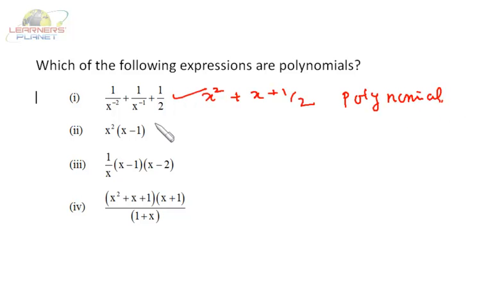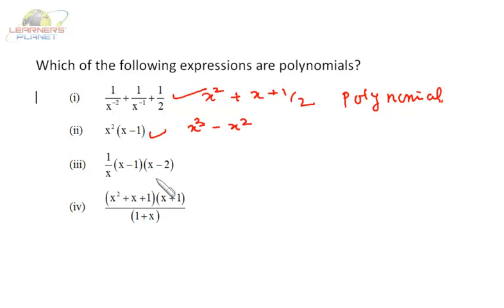Now in this case, it is x square into x minus 1. Suppose we expand it, it is x cube minus x square. Further, the variables have positive powers, or we can say non-negative integral exponents, so this will also be a polynomial.